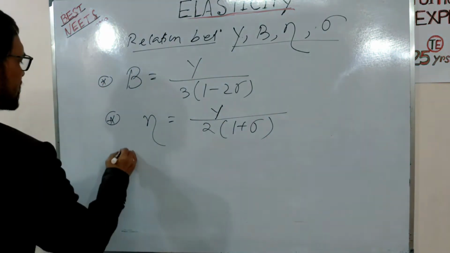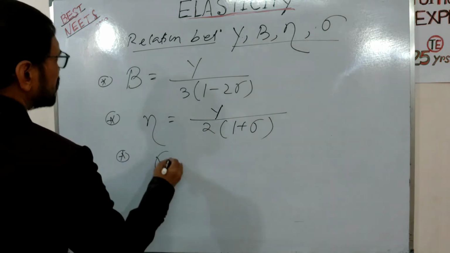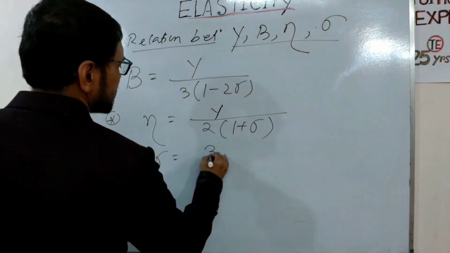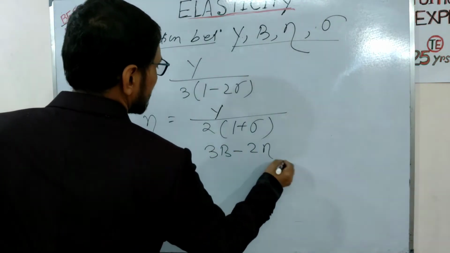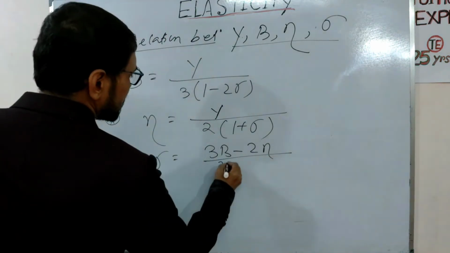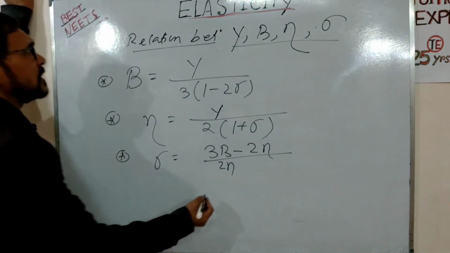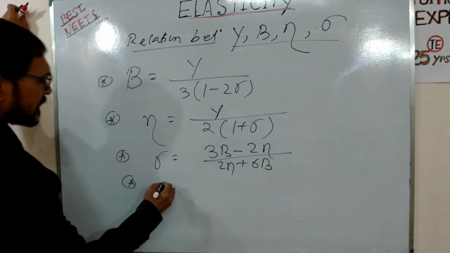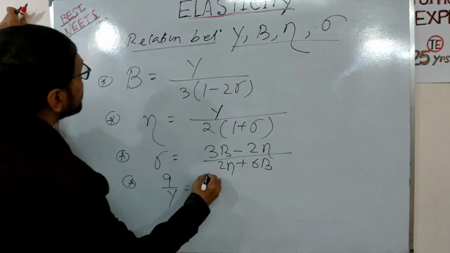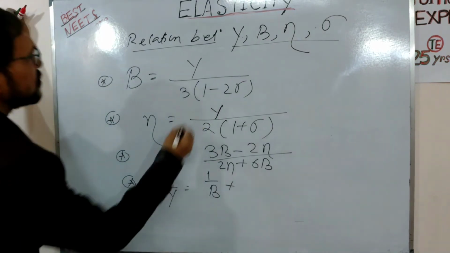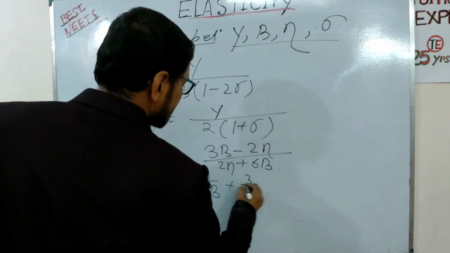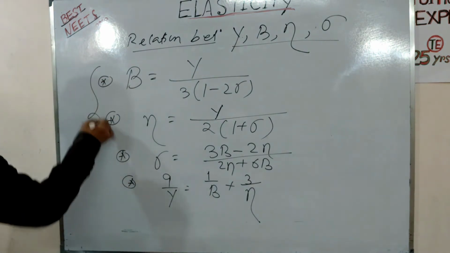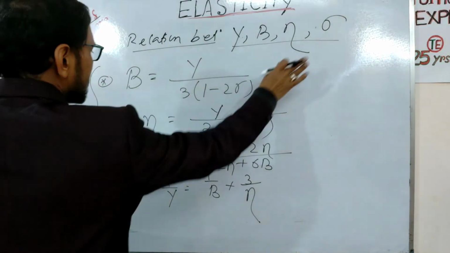The third relation is sigma equals (3B minus 2 eta) divided by (2 eta plus 6B). The fourth equation is 9 by Y equals 1 by B plus 3 by eta.